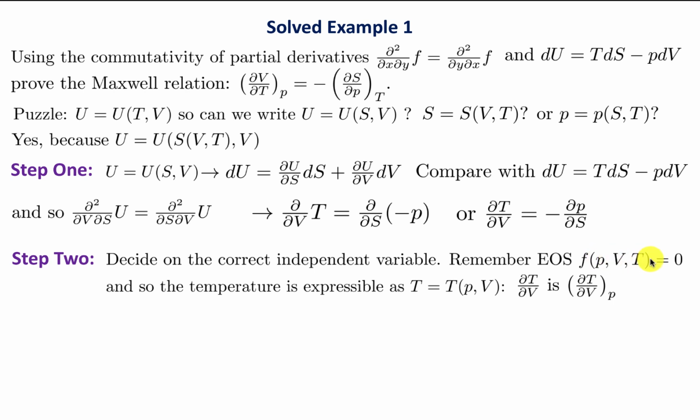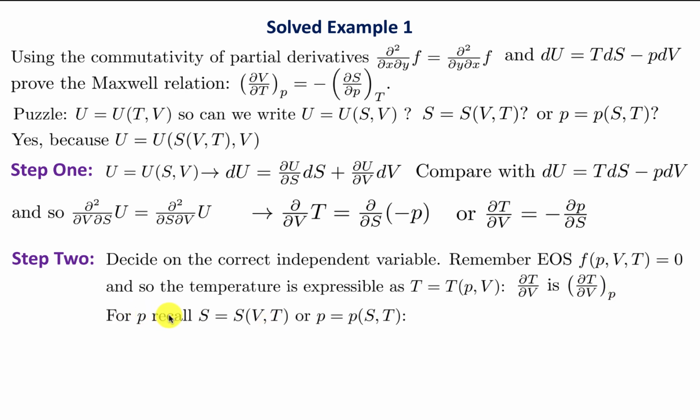For a real gas with interactions, it'll be more complicated, but again, it will be one relationship between three quantities. And so the temperature is expressible as a function of the pressure and the volume. So here what we have, dT by dV, is actually dT by dV with the pressure being held constant.